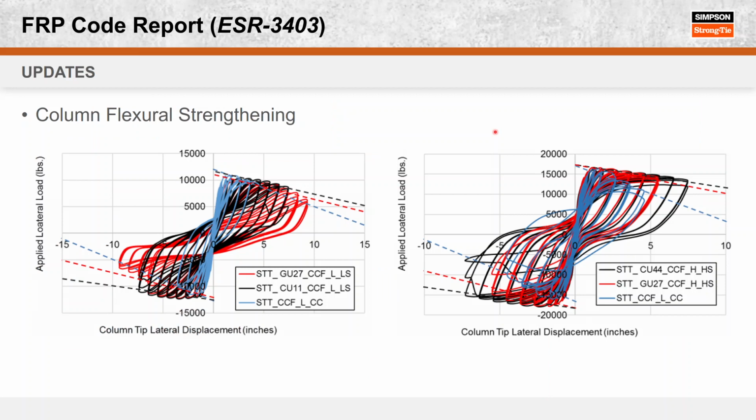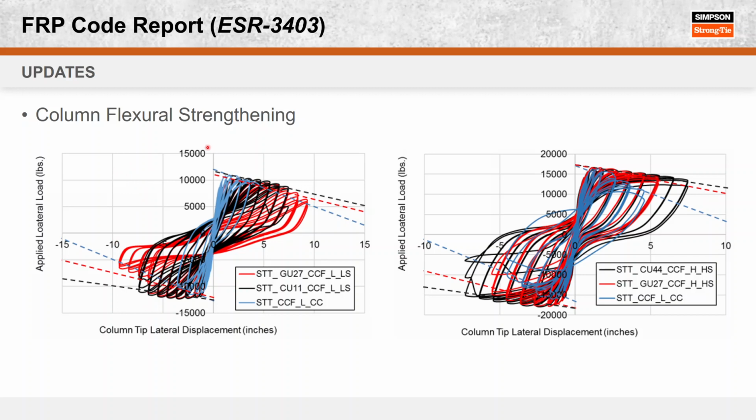Yes. So this is, I think the word for this is a hysteresis loop. It's a graph where the x-axis is the displacement in inches, and the y-axis is the load in pounds. The blue specimen had no FRP on it, and it's loaded in both directions, so there's a positive and negative load, and positive and negative displacement.